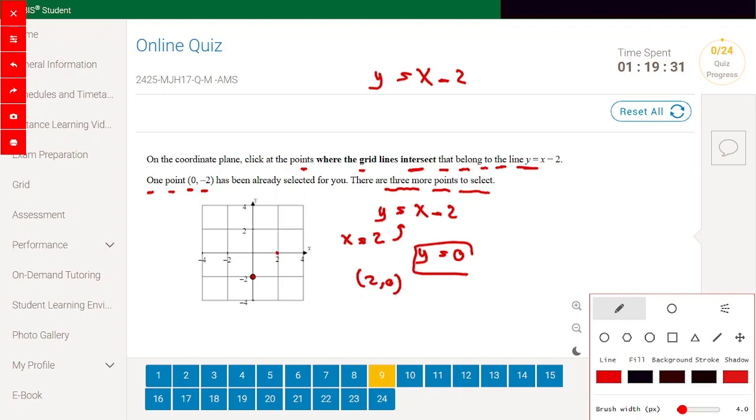So it will be this one. Okay, now let's take x equal to 4. So here we have y equal to 4 minus 2 equal to 2. So now we have another point, which is 4 and 2.